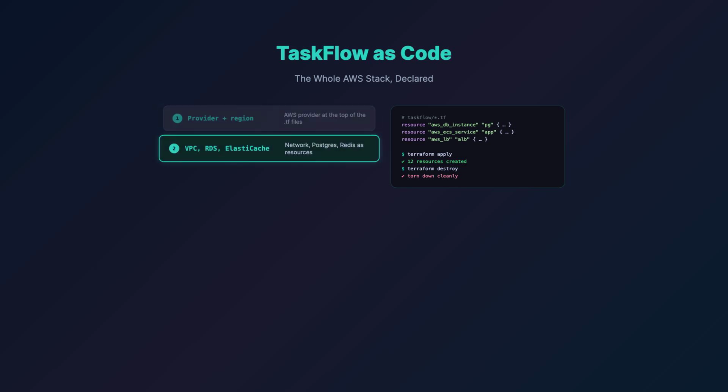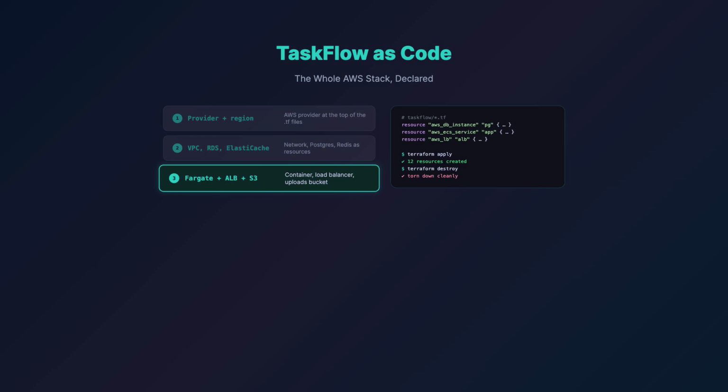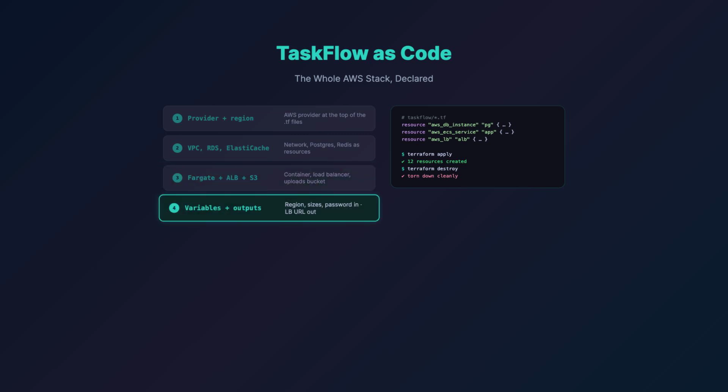The AWS provider and region at the top, a VPC resource for our private network, an RDS resource for the managed Postgres database, an ElastiCache resource for Redis, an ECS and Fargate setup to run our TaskFlow container, a load balancer out front, and an S3 bucket for uploads. We pull the environment-specific bits, region, instance sizes, the database password into variables, and we output the load balancer's URL at the end so we know where the app is live.